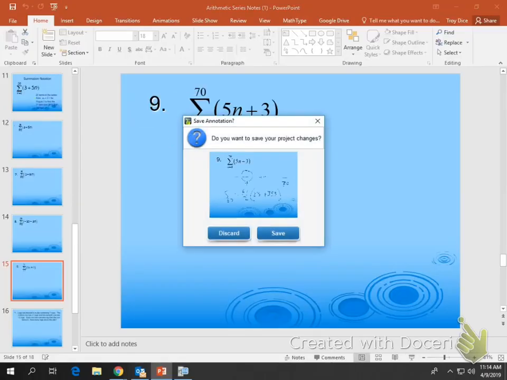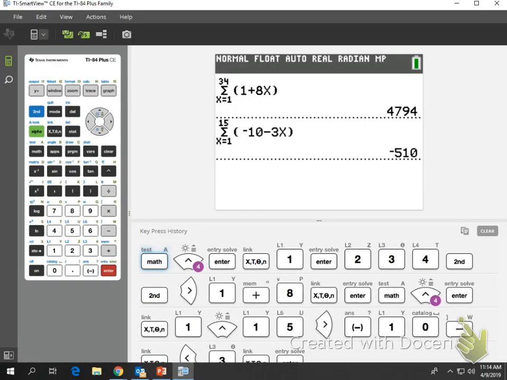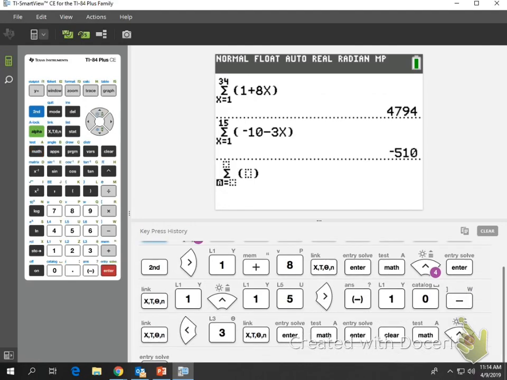And then I'll go to my calculator and I'll find the math. Math, sigma, which is the summation of x from 4 to 70 of, what was my arithmetic rule? My arithmetic rule was 5x plus 3.